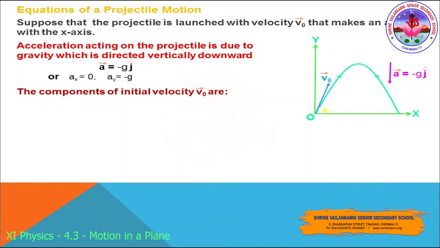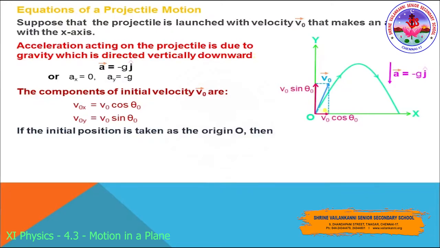So what is the initial velocity v0? The initial velocity components are v0x, which is equal to v0 cos theta naught, and for the y component, v0y is equal to v0 sin theta naught, right? The initial position is taken at the origin, so the x and y components are 0.